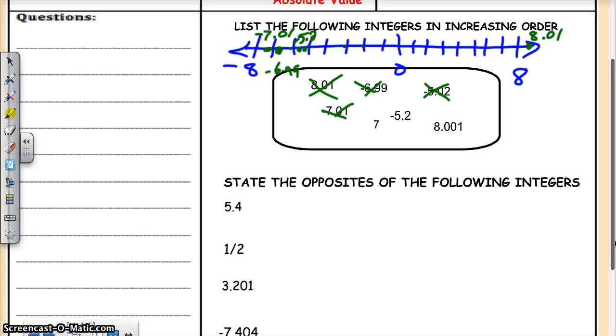Negative 5.2, and this was negative 5.02. 8.001 is really close to 8, so that would be 8.001 and 7. And then I can label them like that. You do not have to, but if it helps you visualize, you can do it that way. So in increasing order, it would be negative 7.01, negative 6.99, negative 5.2, negative 5.02, 7, 8.001, 8.01.